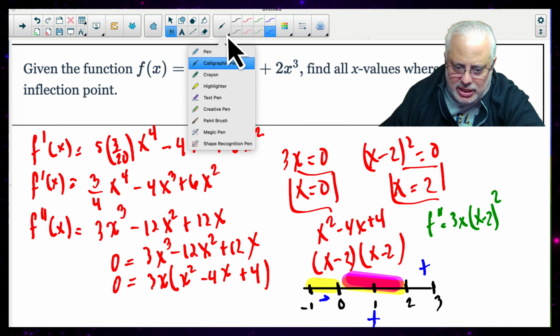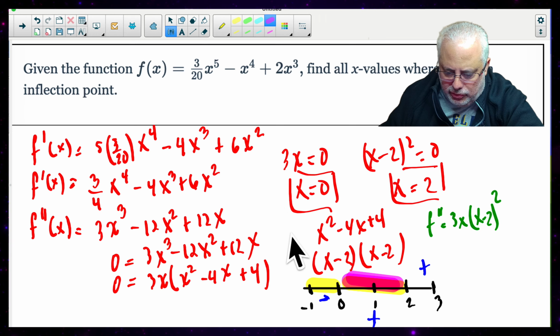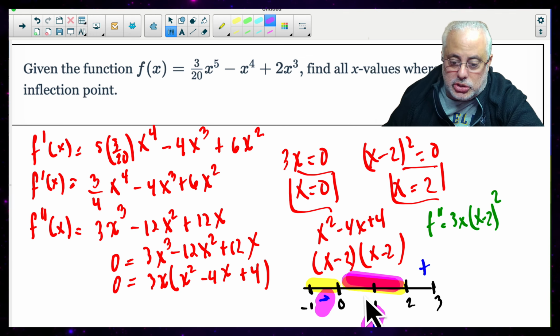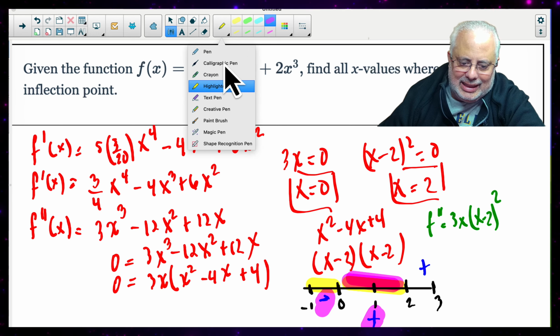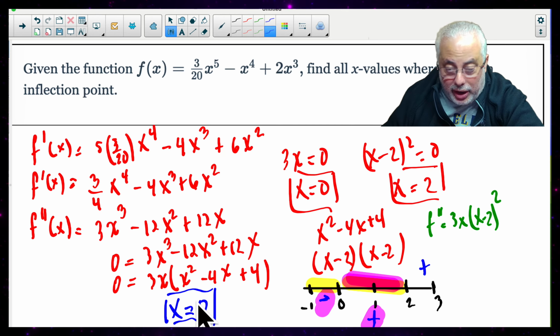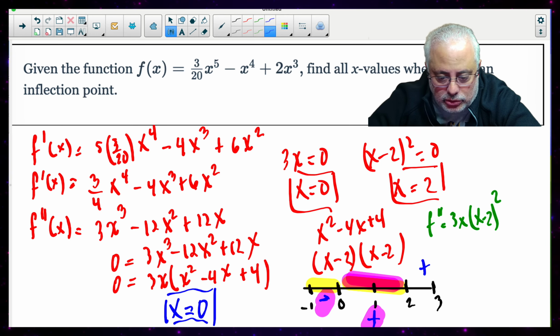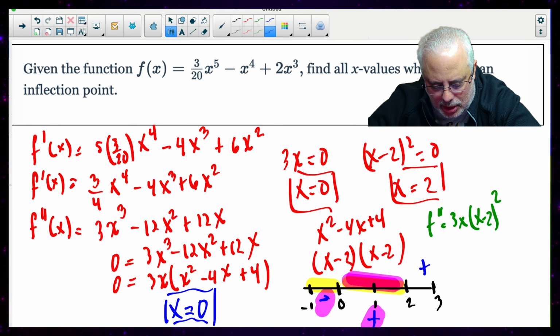But I can see that the second derivative is changing from negative to positive at 0. So 0 is the inflection point. x equals 0 is the location where the second derivative changes sign.